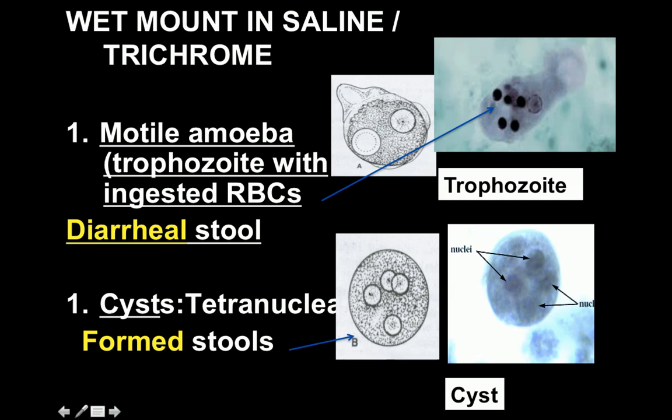This is an unstained slide. You can see the 4 nuclei, again with the same characteristic feature that the central karyosome is there, and we have discussed the cyst in detail. It has a nuclear membrane with fine chromatin lined on it, and this is the stained slide, and again you can appreciate 1, 2, 3, 4 nuclei in the cyst.